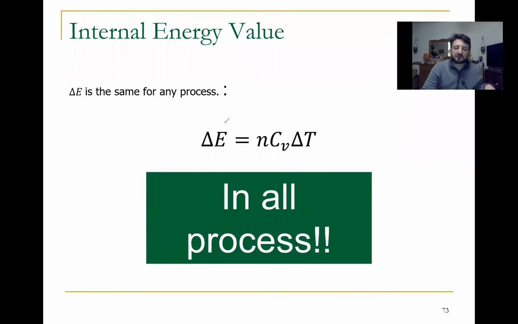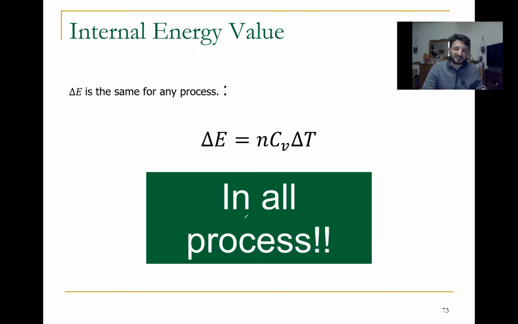Before, you have to know that in any case, in the case of P constant, V constant, T constant, or Q equals 0, I mean in the case of the isobaric, isochoric, isothermal, and adiabatic, in any case, delta E equals n Cv delta T, okay?